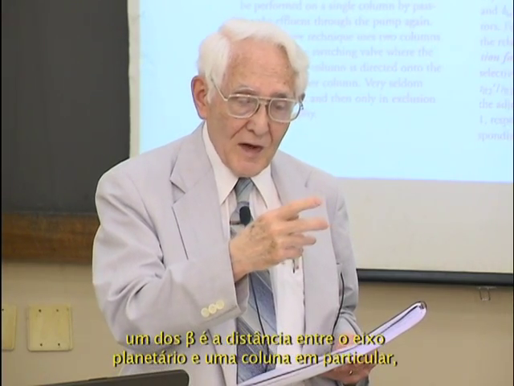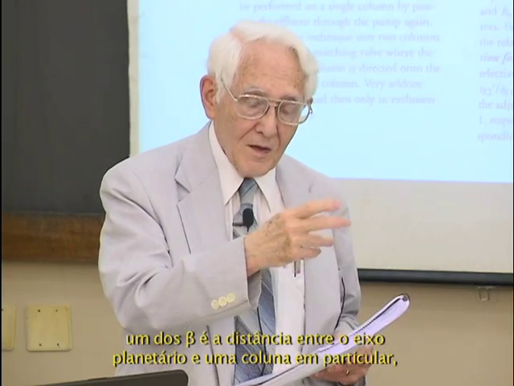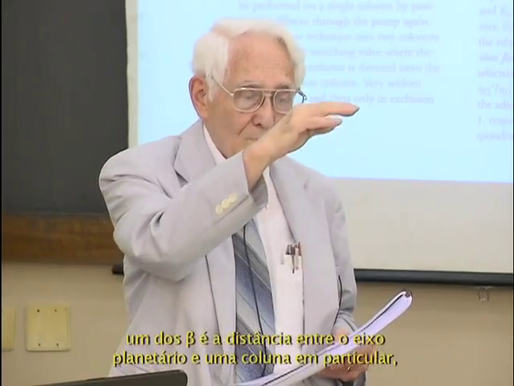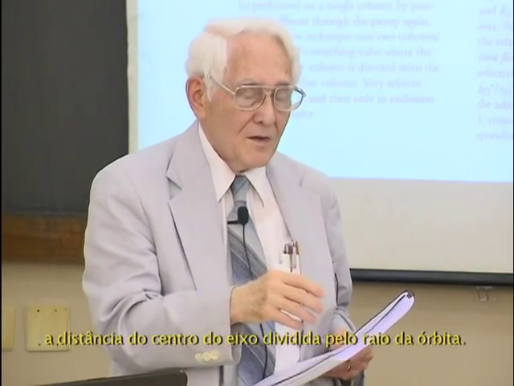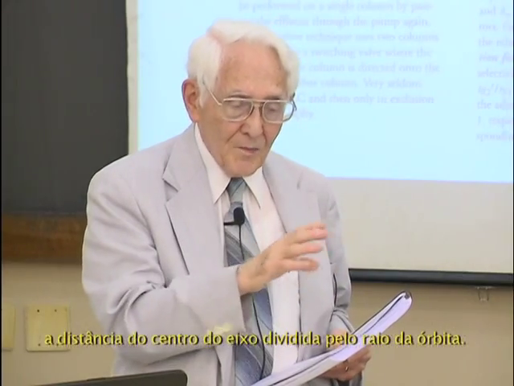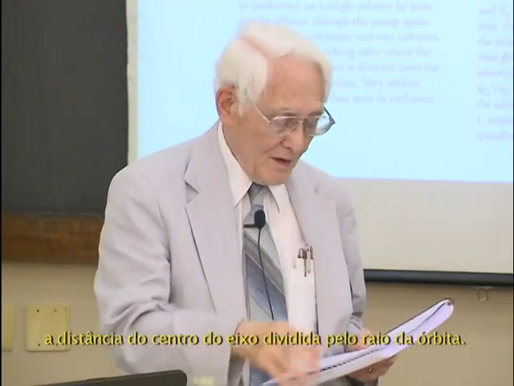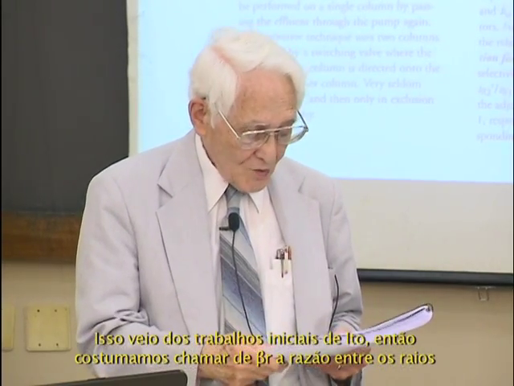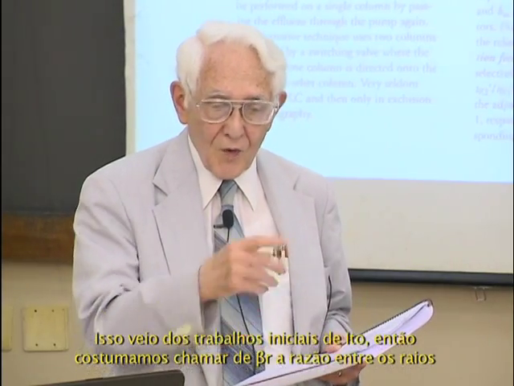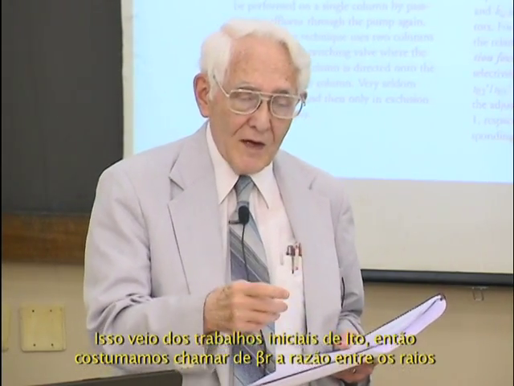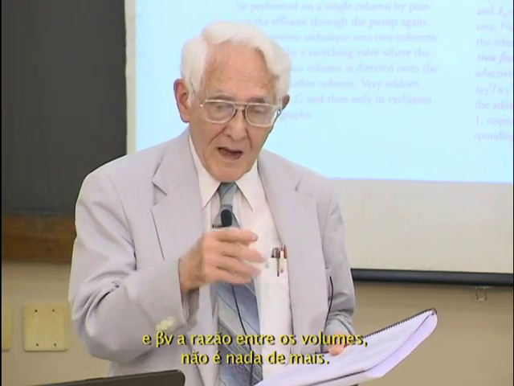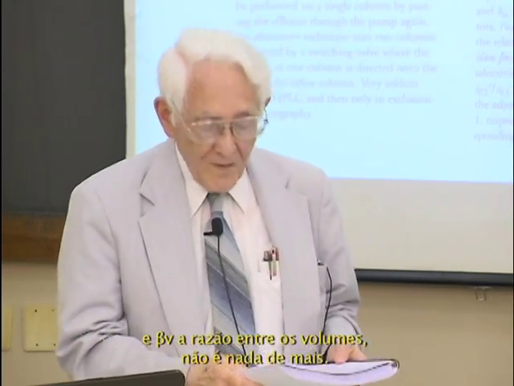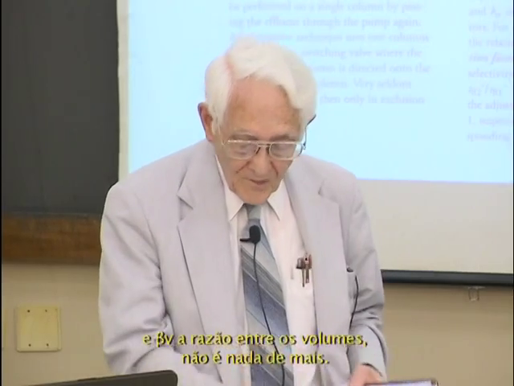One of the betas is the ratio of the distance from the planet axis to the particular coil that you're talking about, distance from the center of the axis, divided by the orbital radius. And that came from the beginning of Ito's work. So it's convenient for us to call that beta sub r for the radius ratio, and then we need beta sub v for the volume ratio. So it's not a big deal. That's a bit of a conflict even within our own field.